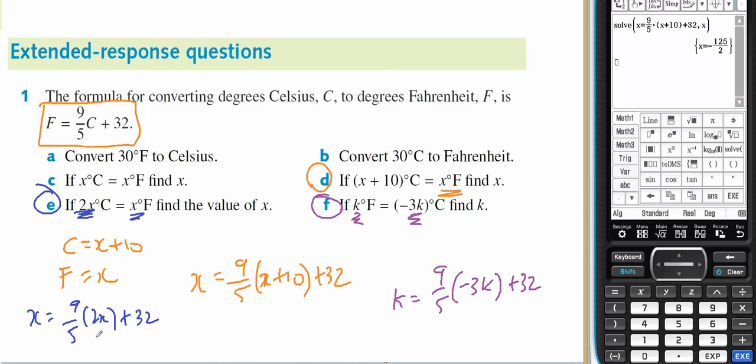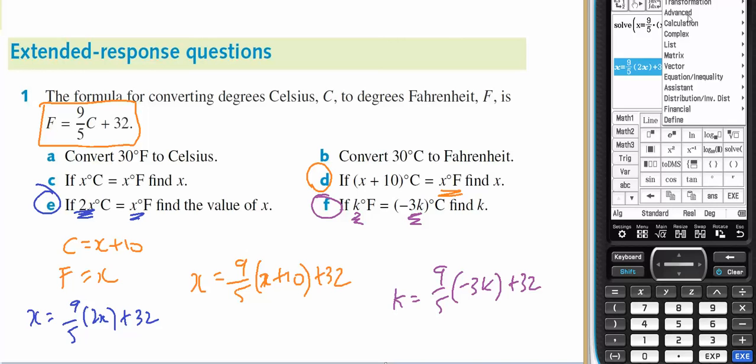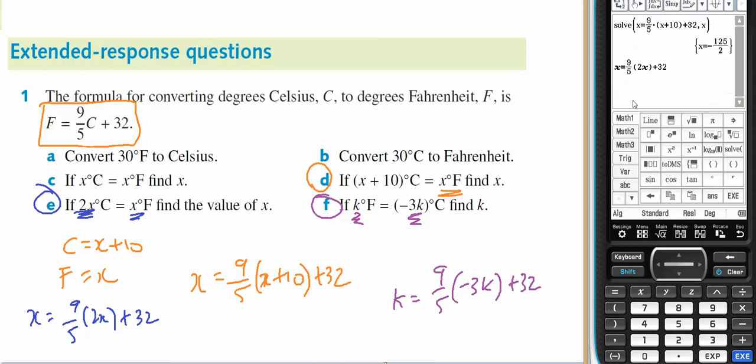In the second case, I have X equals fraction 9 on 5, open bracket, 2X, close bracket, plus 32. And I select it, interactive, advanced, solve for X, and X equals minus 160 on 13.